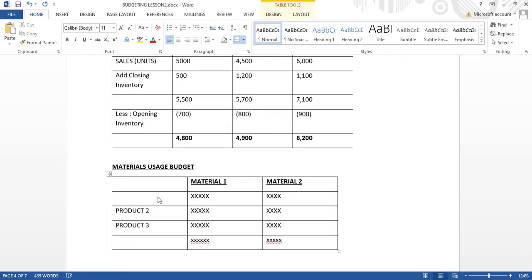Product one, vanilla. Product two, we have chocolate. Product three, we have banana. Material one, we have milk. Material two, we have sugar.